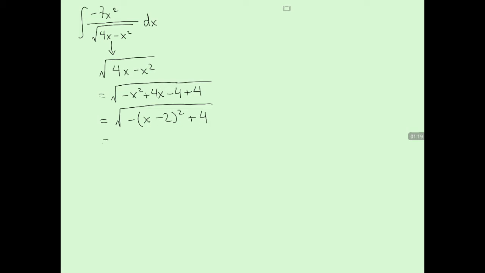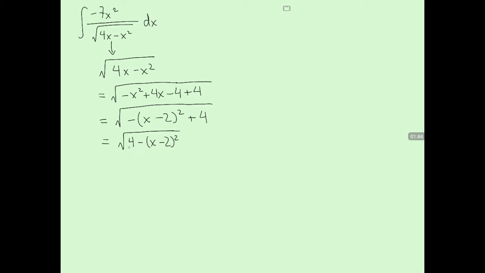So now we can rewrite this in a form that may be familiar to trigonometric substitution. So we have 4 minus x minus 2 squared. Right now we're just rearranging this denominator to put it in a form that gives us a hint of trigonometric substitution.